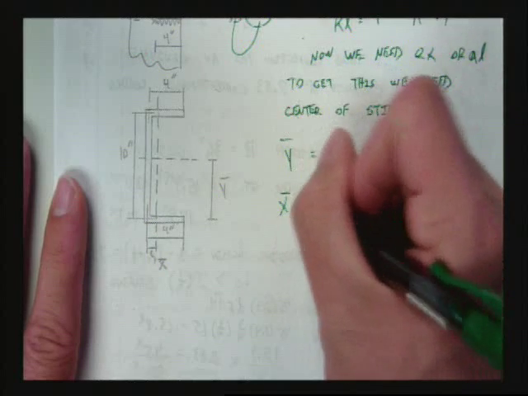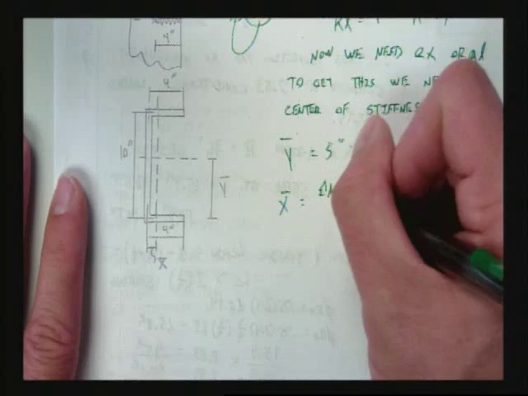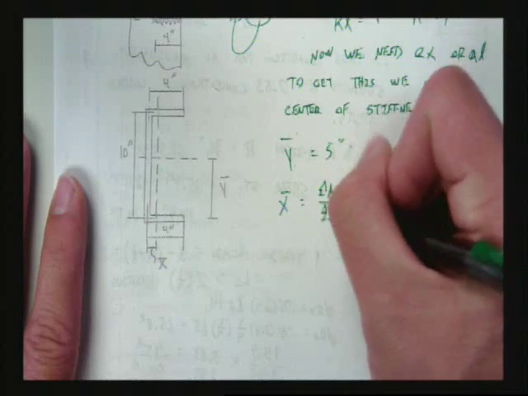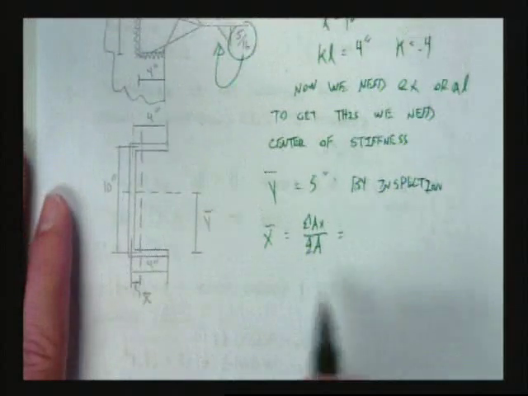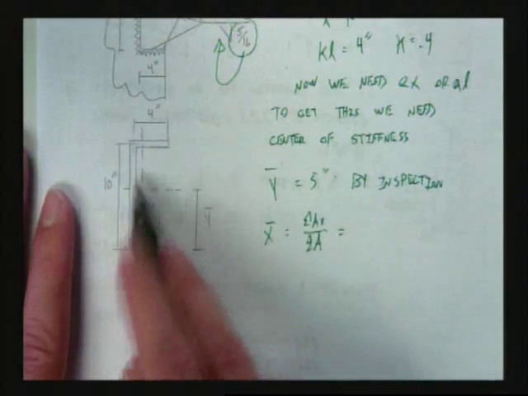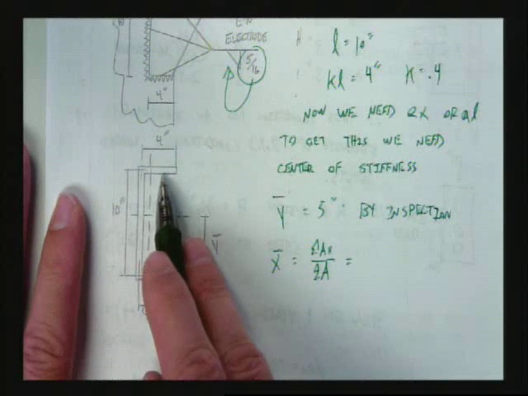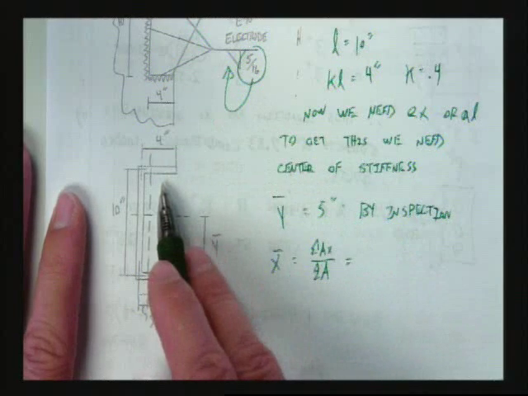X bar is summation of A x over summation of A. And I'm going to assume that each weld is 1 unit across. It doesn't really matter what it is. If you want to put in 5/16, you can, but it doesn't really matter because they're all going to cancel.